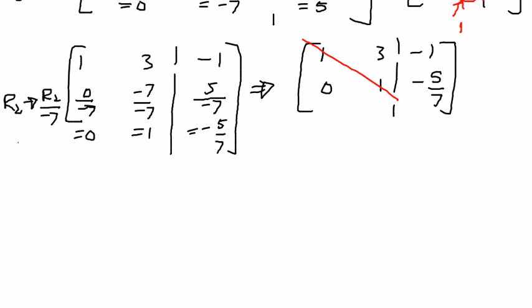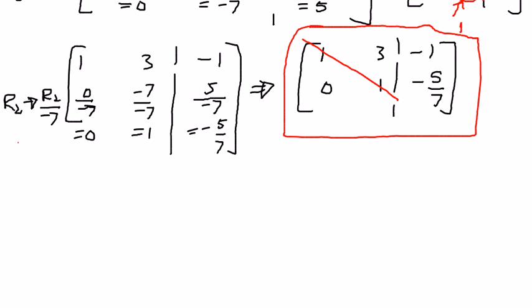In fact, from the final augmented matrix we have here, we can read out the answers, or we can write it in a system of linear equations format and find the values of x1 and x2. So the way we can write it out is as follows. In here, these are the coefficients of x1, these are the coefficients of x2, and the numbers on the other side of the line are the constant numbers.